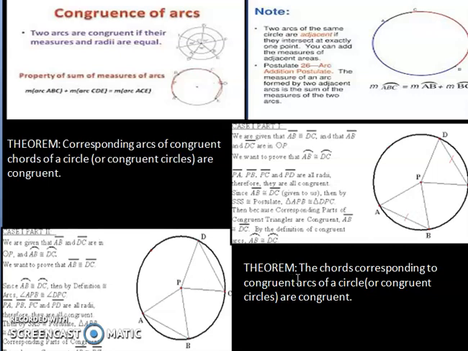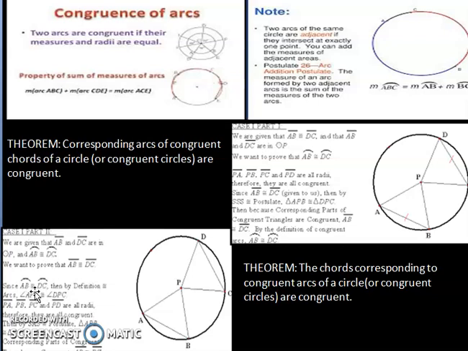Now the second theorem: the chords corresponding to congruent arcs of a circle are congruent. Here we have to prove that segment AB is congruent to segment DC, where arc AB is congruent to arc DC is given. So we start the proof with what is given.